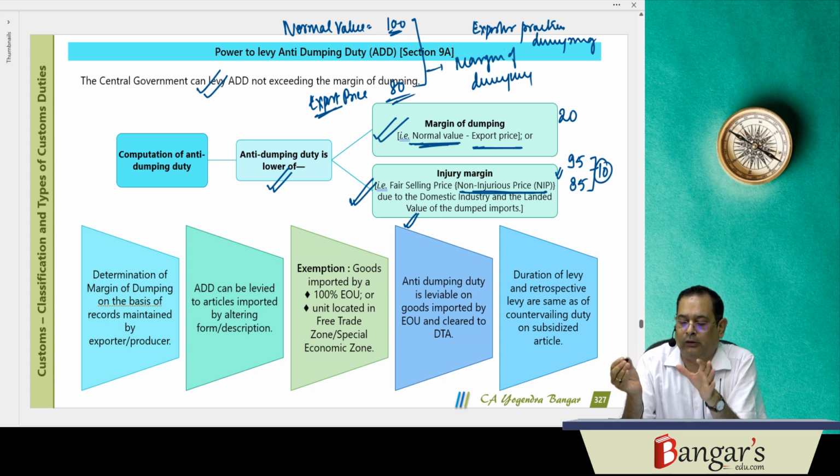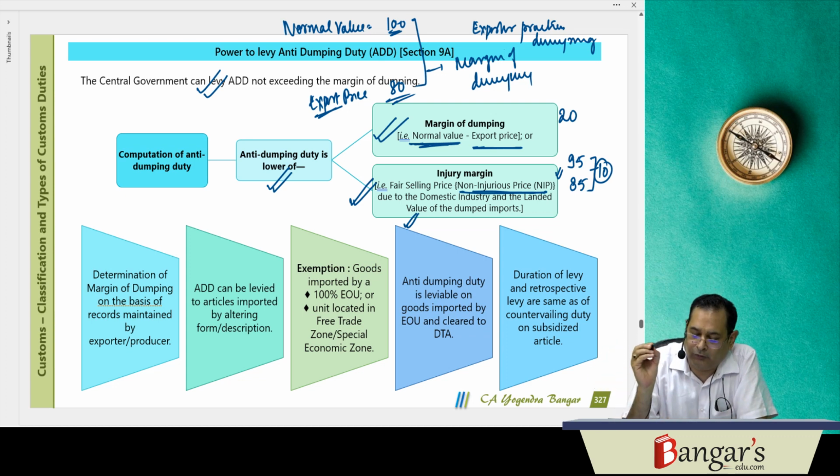Export price is the price at which the goods are exported to India, and if that is unreliable, the price at which the goods are resold to an independent buyer forms the basis.